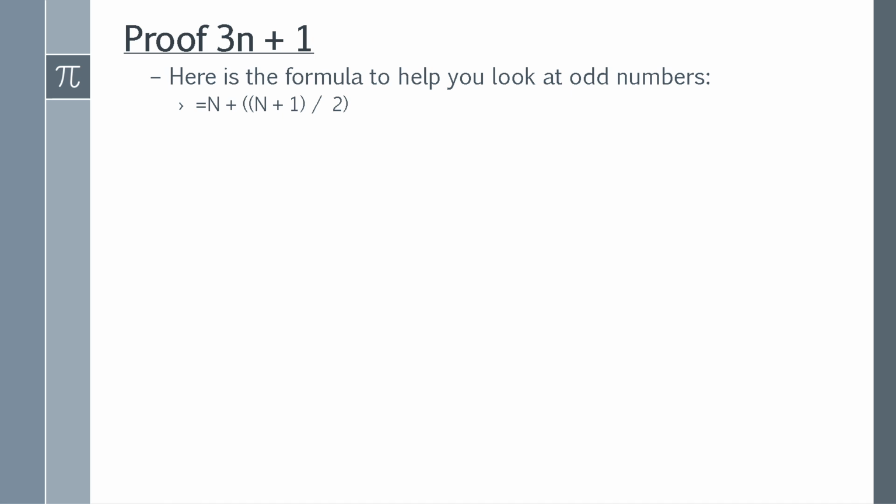This is the formula that you need to learn: n plus (n plus 1) divided by 2. So we're taking half of the number that we're at and adding it to itself to get 2 steps down the road. Now sometimes that'll be even, sometimes it'll be odd.